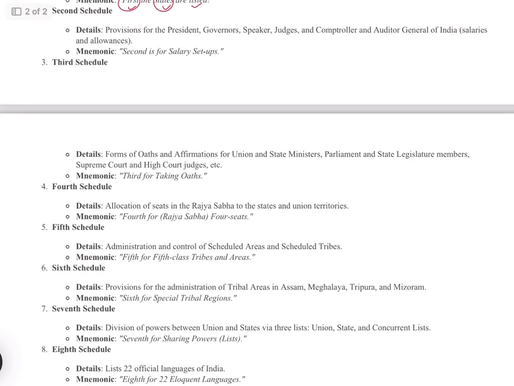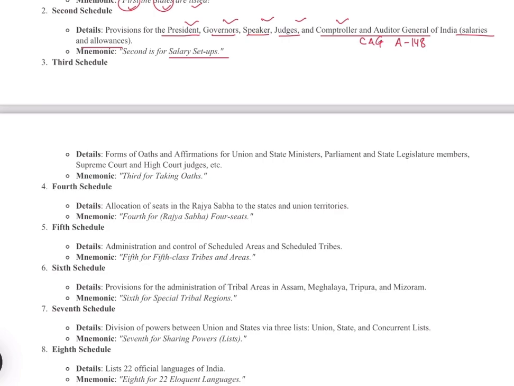Right. The second one is provision. Provision means salary and allowances. Here it is written: salaries and allowances of the president, governor, speaker, judges, and CAG, which is the Comptroller and Auditor General of India, Article 148. So second is salary setups, because the constitution cannot tell all these people to work before telling them what salaries they will be getting.